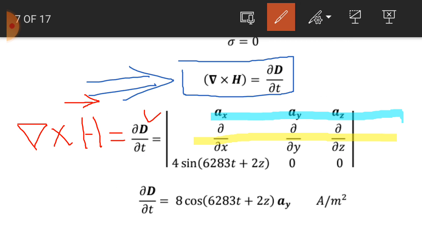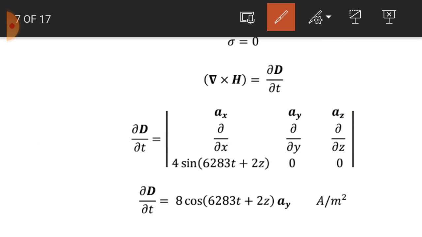In the third row of this determinant, we have the x component, the y component, and the z component of the magnetic field intensity.